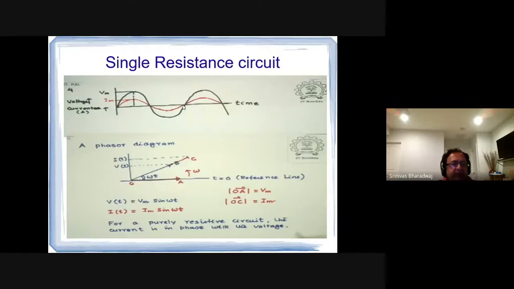Now, if you had an inductor in a DC circuit, di by dt will be 0. A capacitor will act as an open. An inductor in a DC circuit will act as a short. It will have no resistance, in the ideal case.